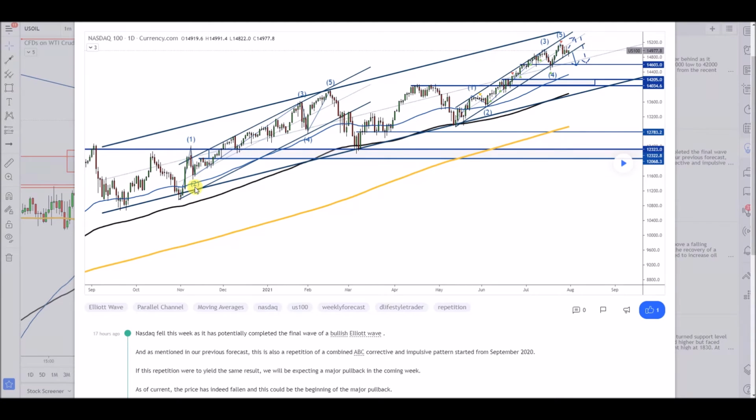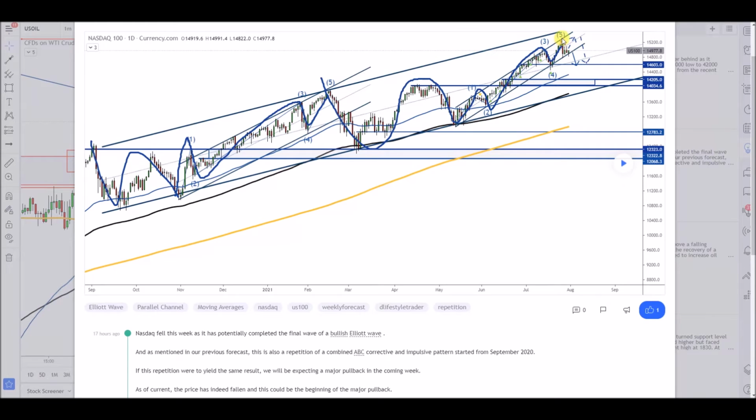From September 2020 there's an ABC correction. Previously there was another impulsive wave, and after the correction it started to form another impulsive wave, and after which another ABC corrective wave, and then right now it is completing another Elliott wave.